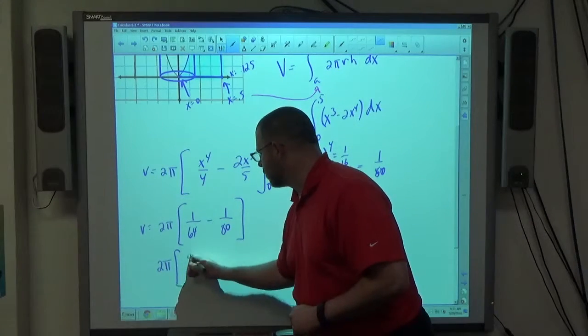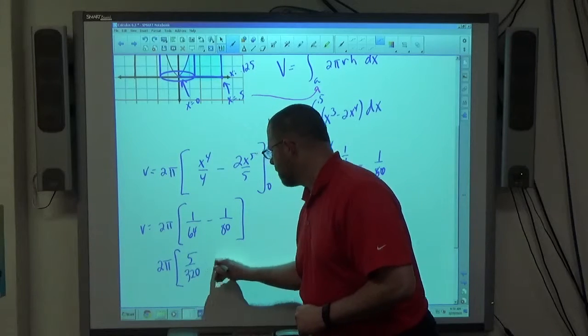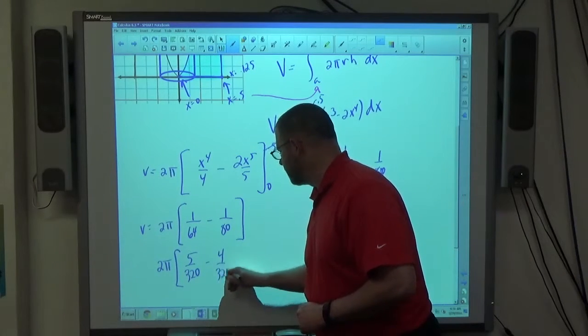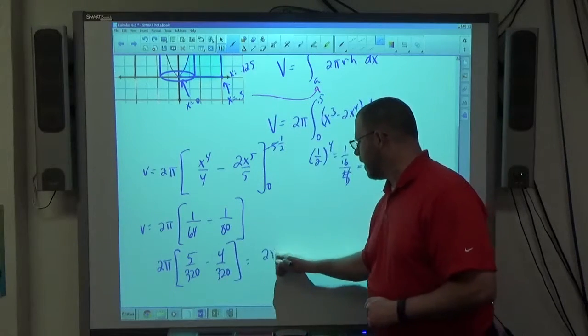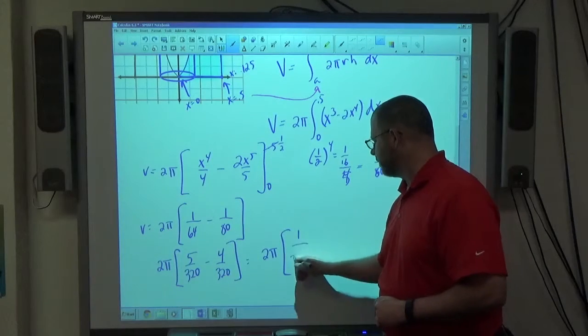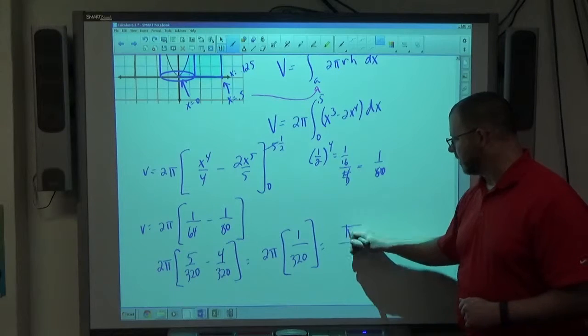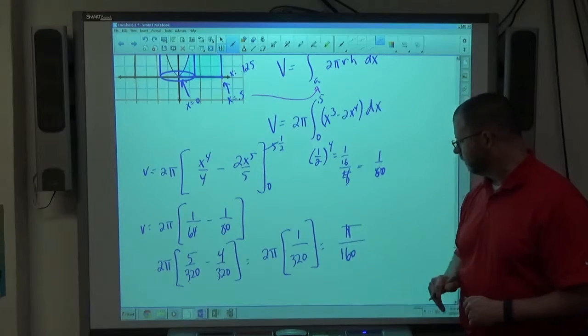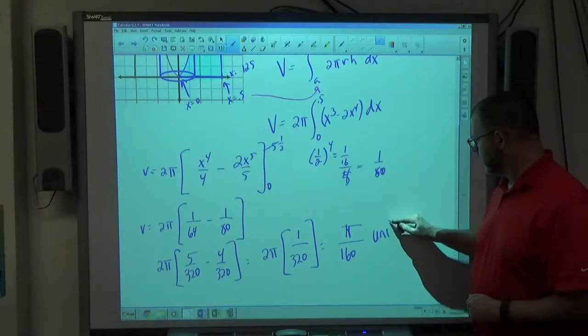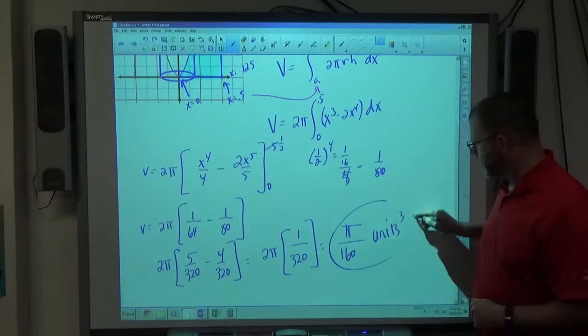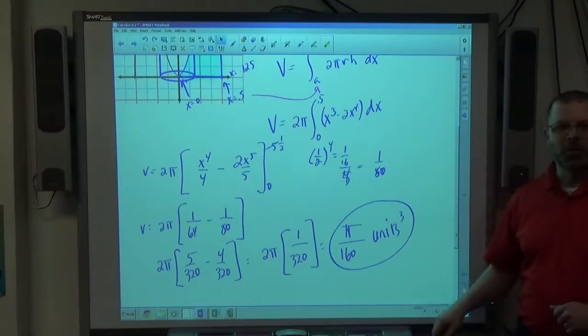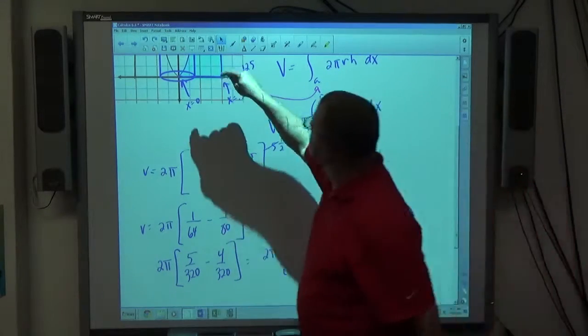So this is 5 over 320 minus 4 over 320, which makes 2 pi times 1/320th, which makes pi over 160 units cubed.